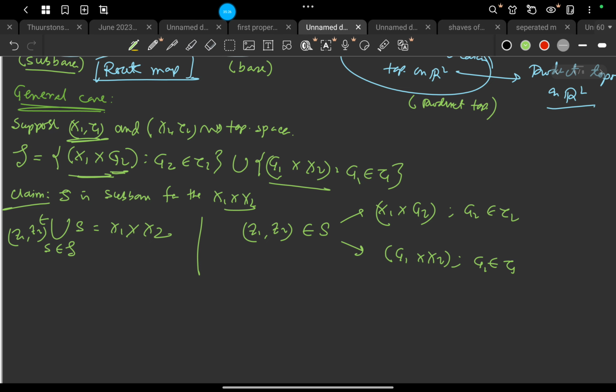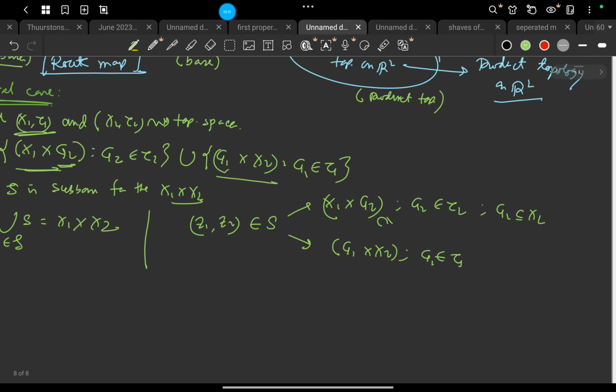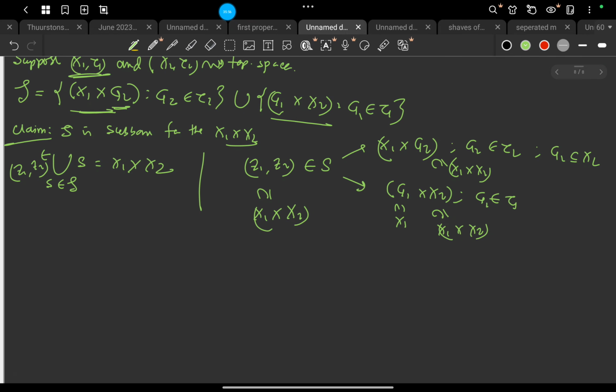Now G2 is a subset of X2, so X1 cross G2 is a subset of X1 cross X2. Similarly, G1 cross X2 is also a subset of X1 cross X2, because G1 is a subset of X1. So in any case the union of all S is a subset of X1 cross X2.